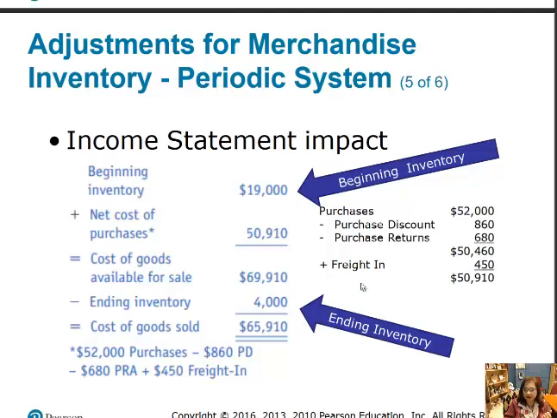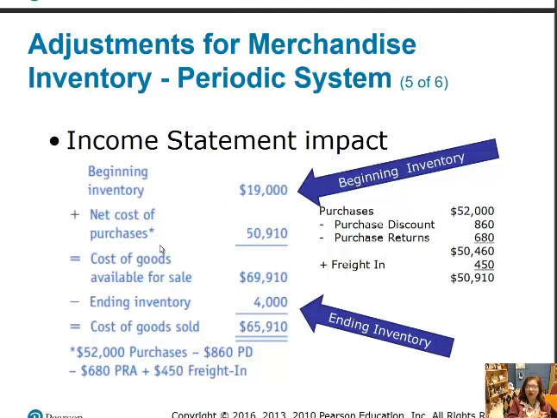So this is the beginning inventory that we have here, 90,000, plus the net cost. It cost us $50,000 just to either advertise, make signs, freight in, freight out on each one, the amount of money that we still owe, whatever the case may be.